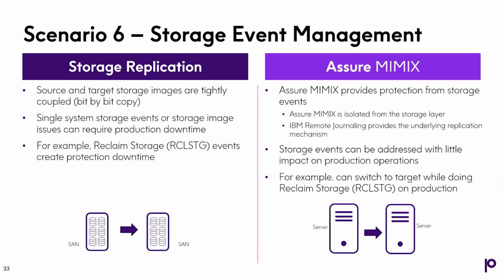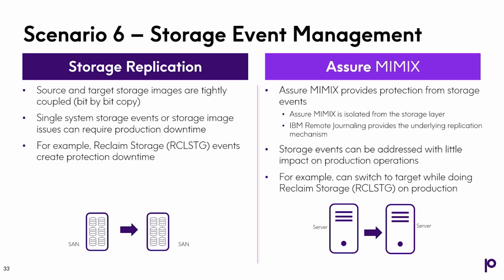Let's talk storage event management. Now this is less and less common, but it can still happen. So remember, source and target storage images are tightly coupled. They're a bit for bit copy. And so if you have a single system storage event, like suddenly you have to do a reclaim storage and you might have to do an IPL, that's an outage to you, right?